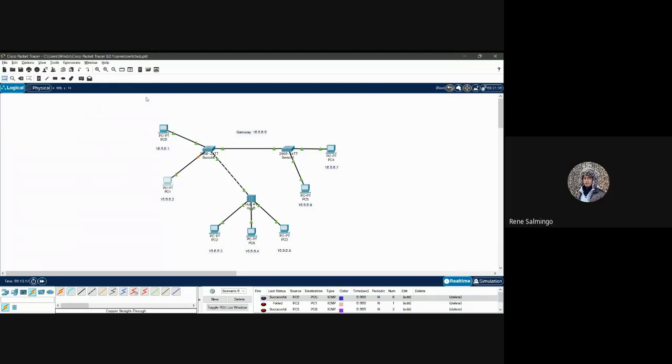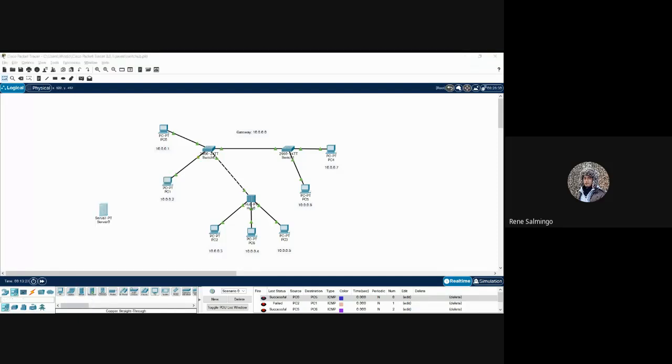So, any questions on the configuration of the devices? Let's say the server. So this is on the server side. So we have to zoom in.